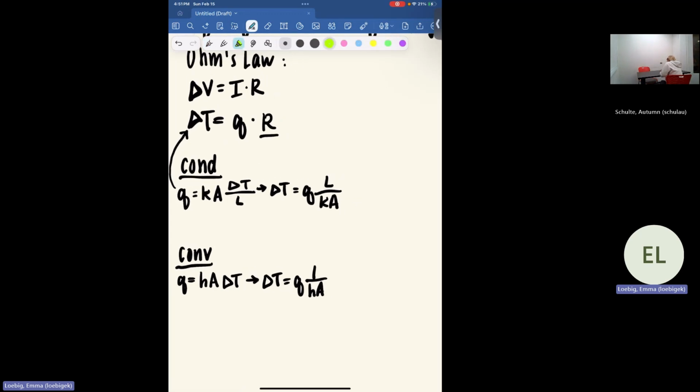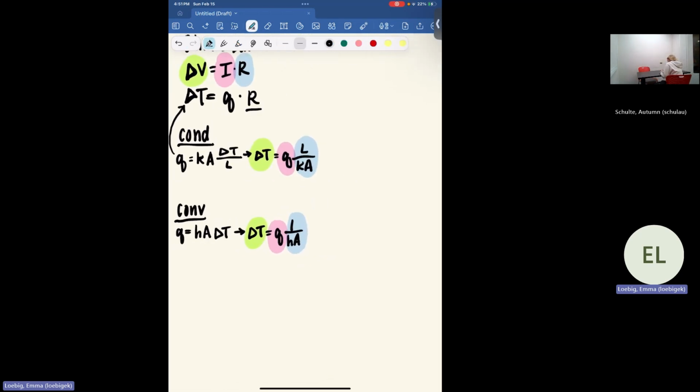So again, we have a driving force, our current, which in this case is Q, and a resistance, which for conduction is the thickness over the thermal conductivity multiplied by the area, and for convection it is 1 over the heat transfer coefficient multiplied by the area.